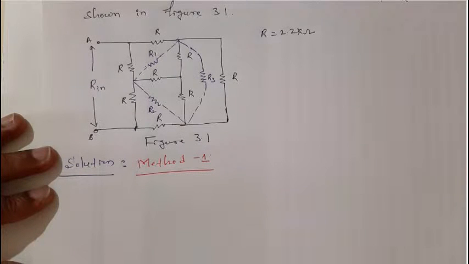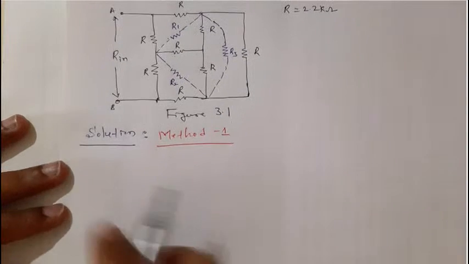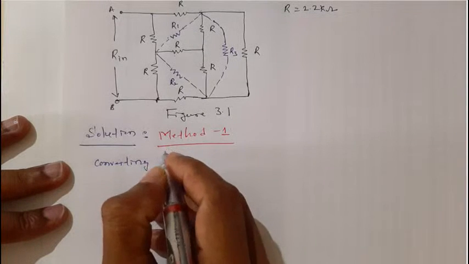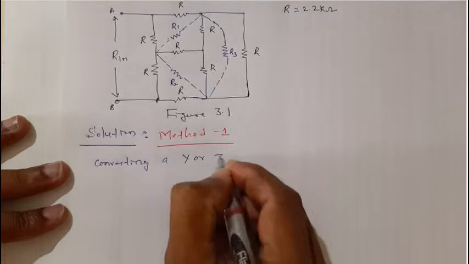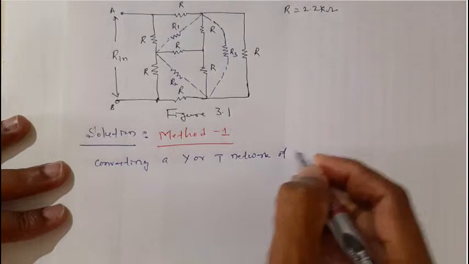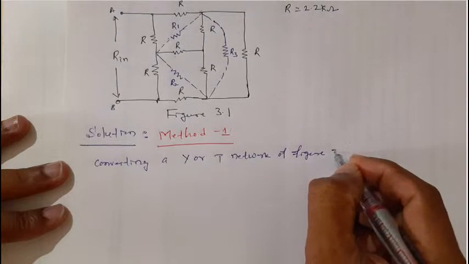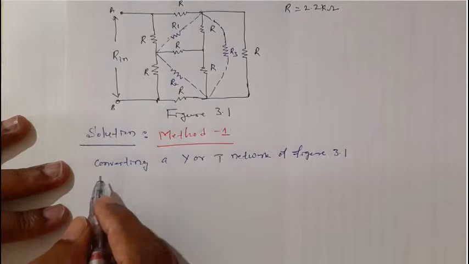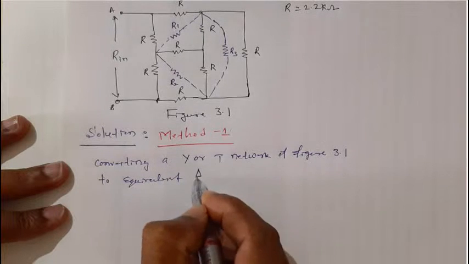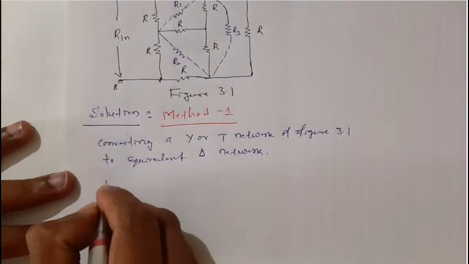And yes students, say if we want to convert this, converting a Y or T network of figure 3.1 to equivalent delta network. Okay, say what we get, we want to find R1.